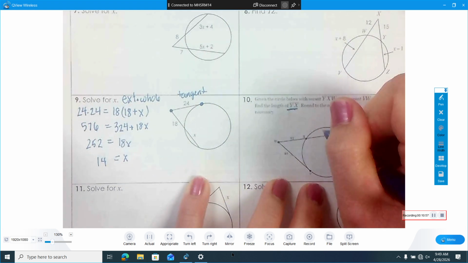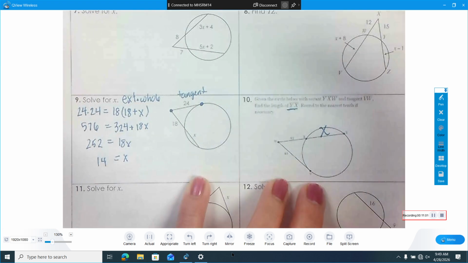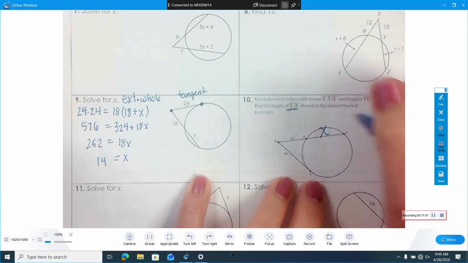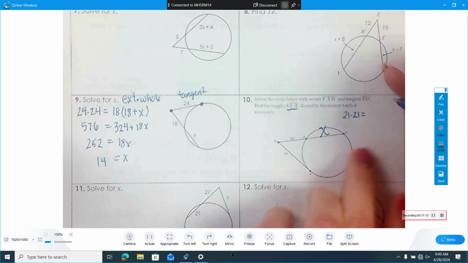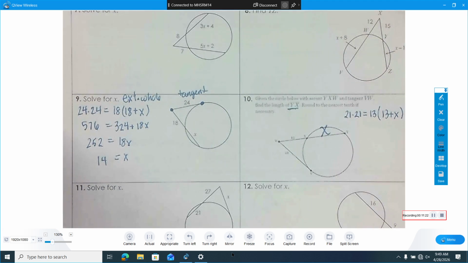Mark it with an X. X marks the spot. That's what we're trying to find. Okay, funny. All right, so what should my setup be? Exterior times whole equals? All right, exterior is 13. The whole thing would be 13 plus X. Exterior times whole.